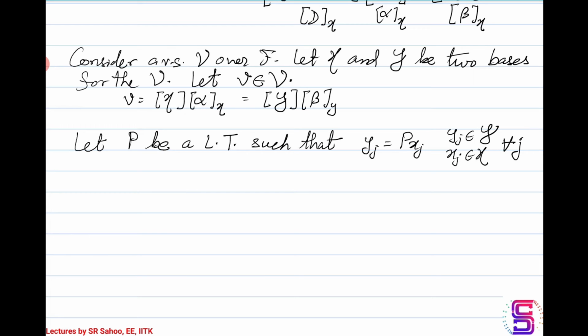Okay, so there always exists such a P. Also note that P is an invertible linear transform. I suggest that you prove this.